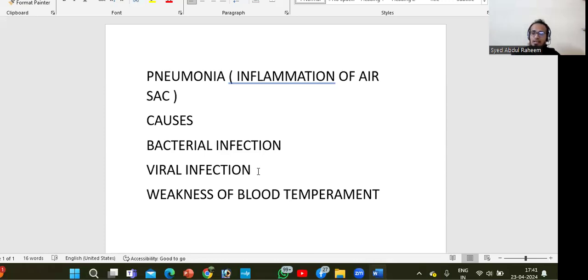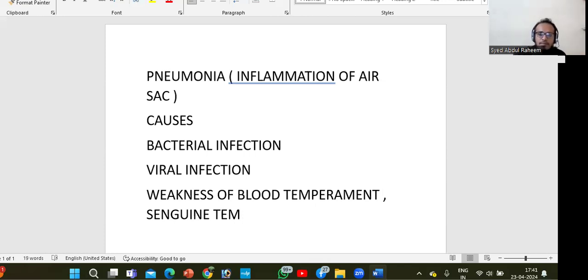So we think that there is a weakness in the blood temperament. So weakness of the blood temperament is the cause of pneumonia. Here we have to improve the blood temperament, the sanguine temperament. Okay. So this is the basic thing we have to remember.